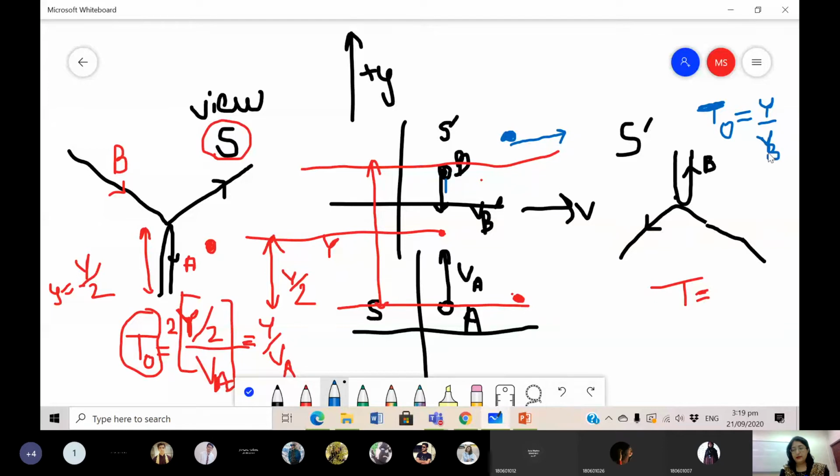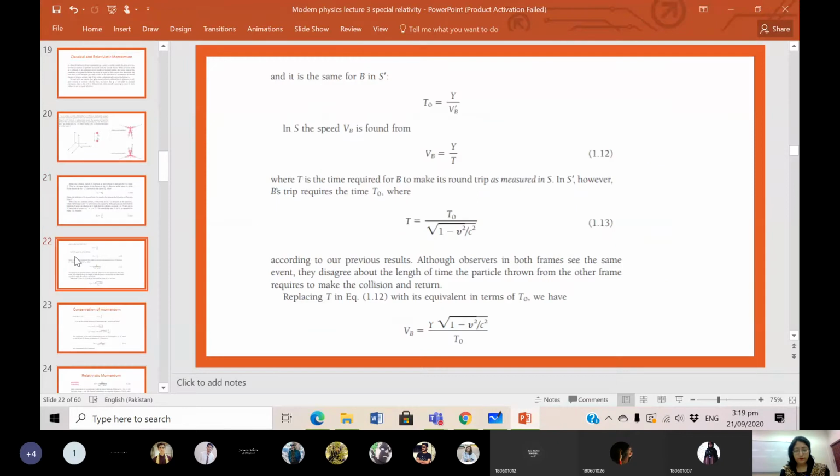Is this equation making sense? As seen from frame S dash, T0 is the time that B sees for B to move the round trip.